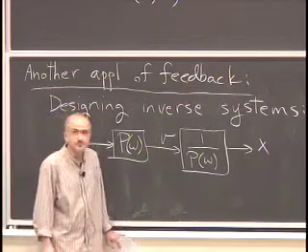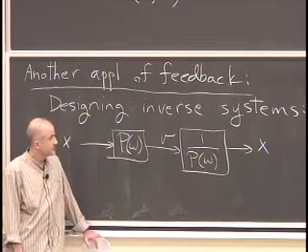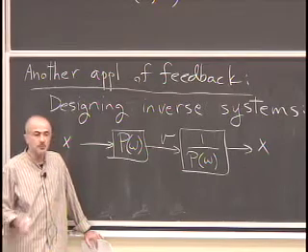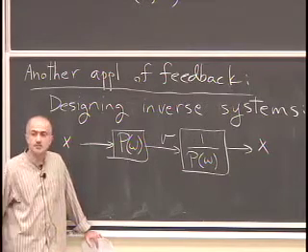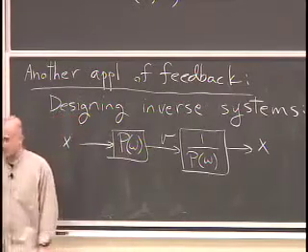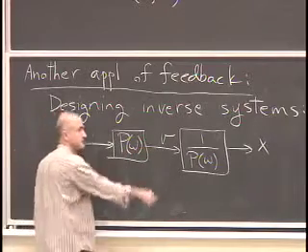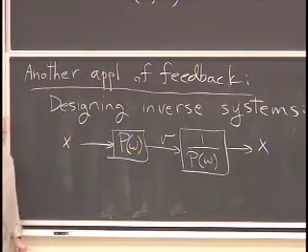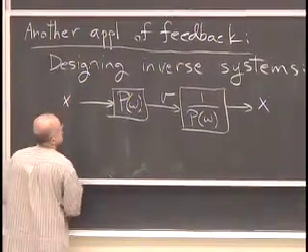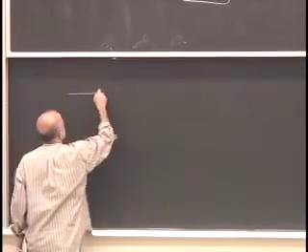Okay? Or suppose my voice has been recorded, and you want to process it to recover what's happened. Or suppose this represents noise that's entered the signal, and you want to undo it. For whatever reason, you want to design an inverse system. Well, feedback enables you to do that. In this way.